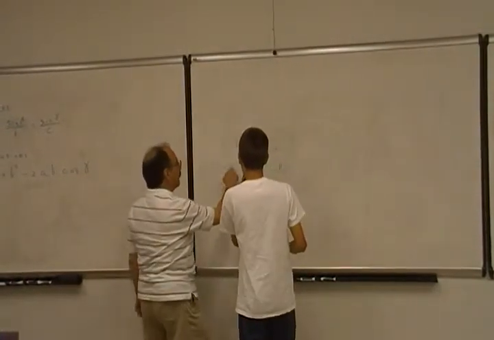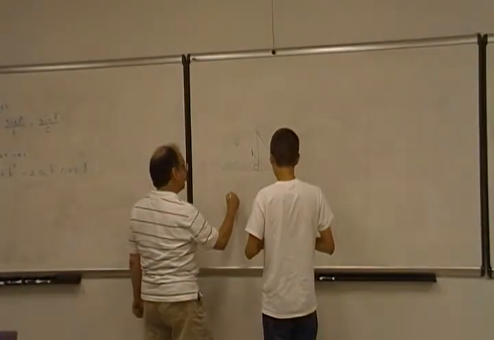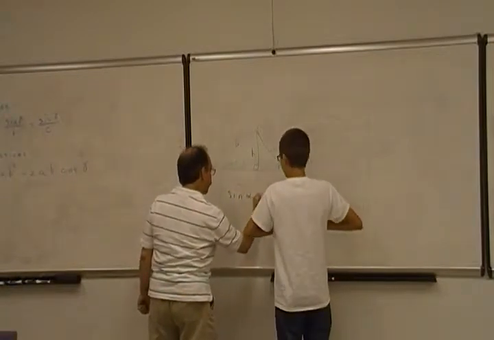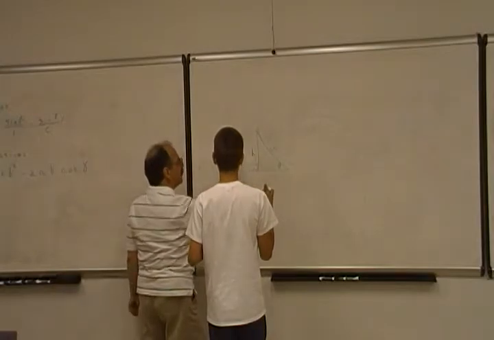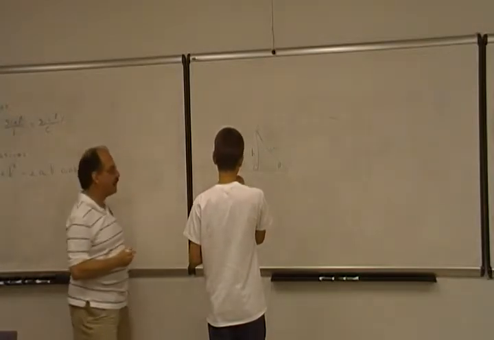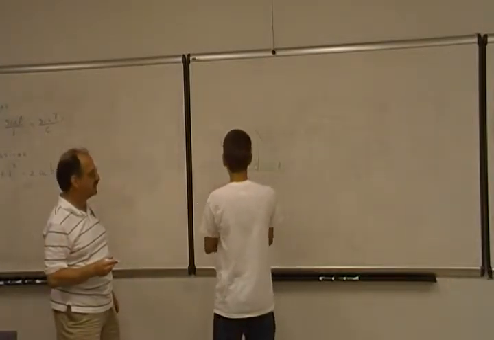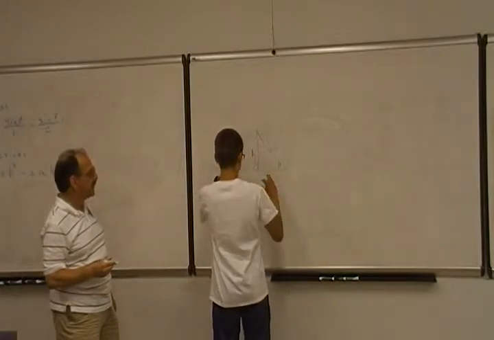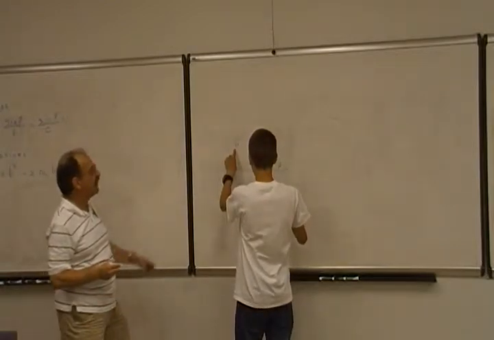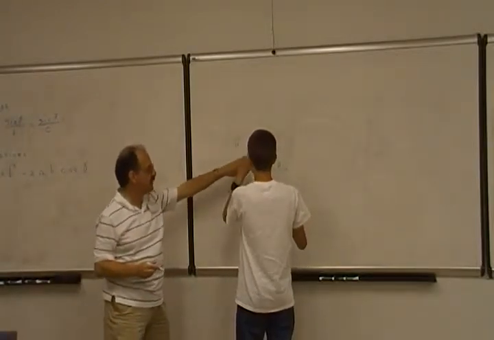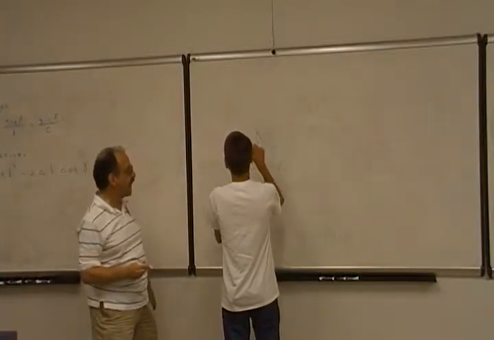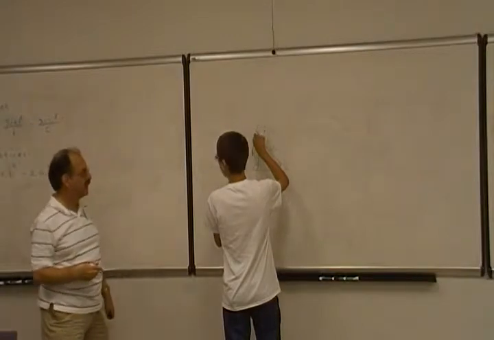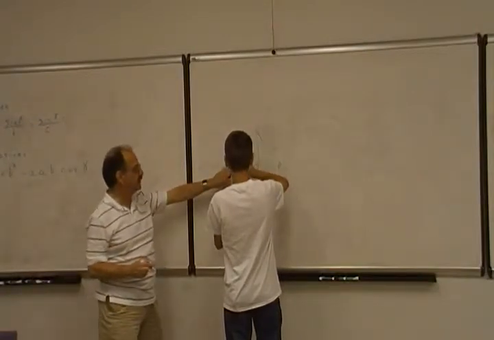Write down the sine of alpha. You've got a right triangle right here. What's the hypotenuse in that triangle? E. Which side is opposite alpha?